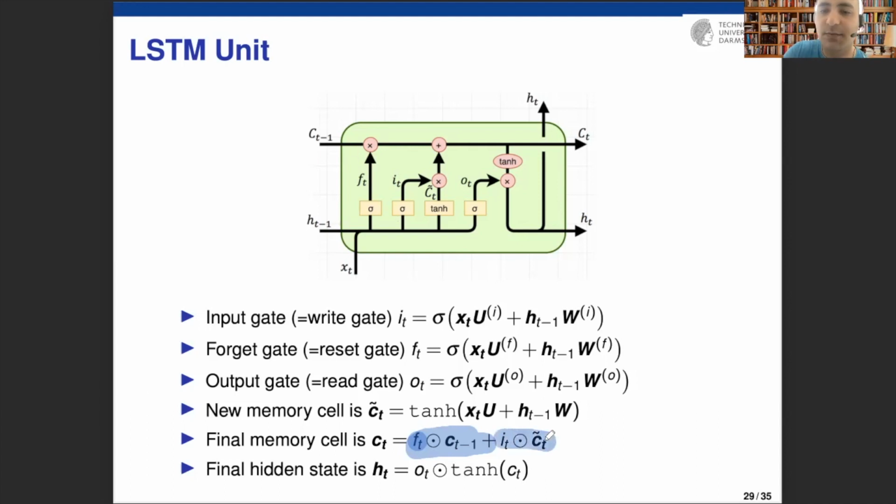So we calculate the new content of the memory based on the current input. So we have Xt. That's why we compute tilde Ct by a linear combination of the current input token and the value of the hidden state in the previous step.